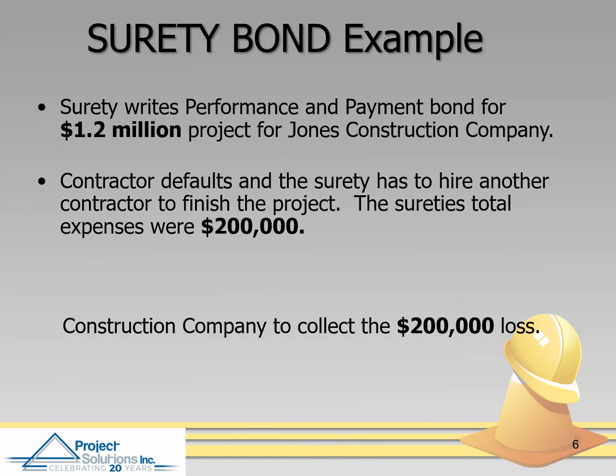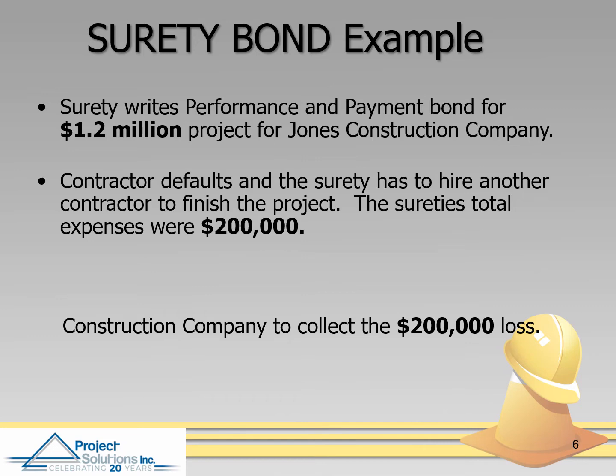Well, let's look at another example. They write a performance and payment bond for $1.2 million for Jones Construction Company. Jones defaults, and the surety has to hire another contractor to finish the project. The customer pays for the project, but the surety company is still out an additional $200,000.